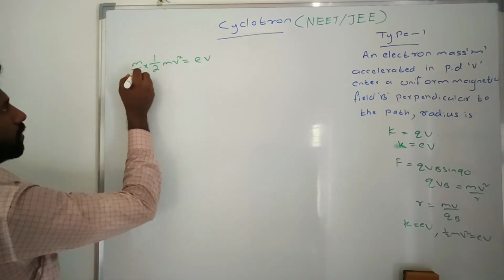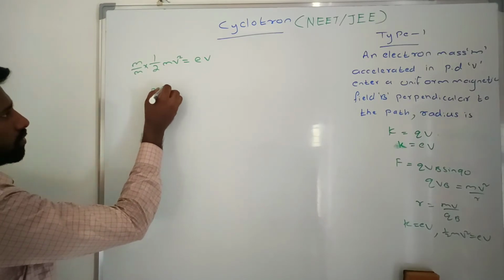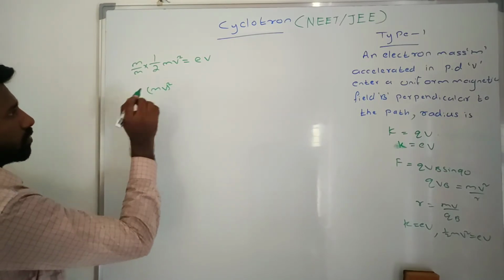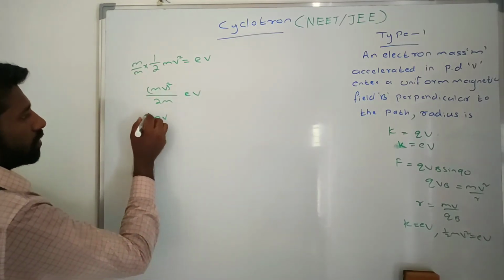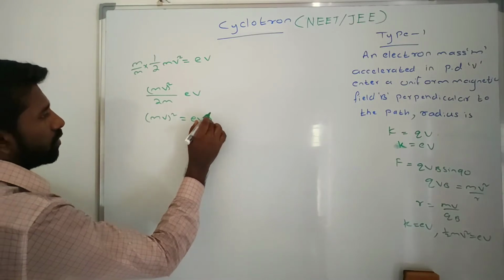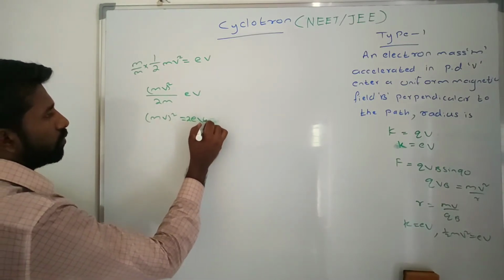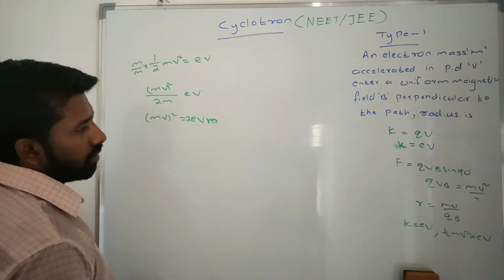Here m by m, so I will write it like this: (mv) all square, divided by 2m, is equal to eV. And what is (mv) all square? That is eV into 2m, that is 2eVm. Okay, this is (mv) square.